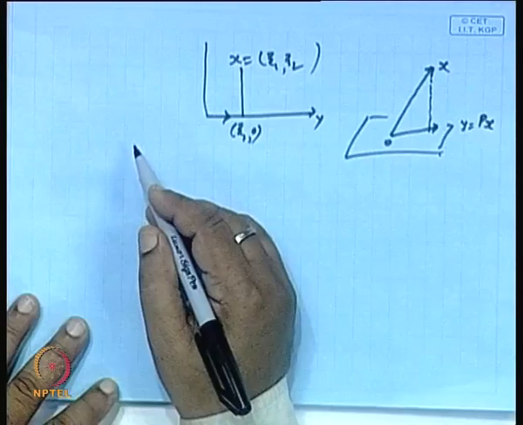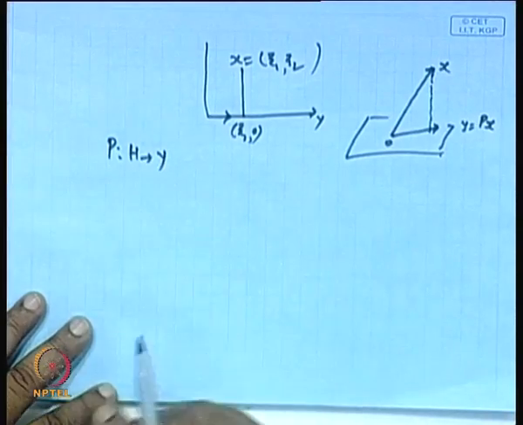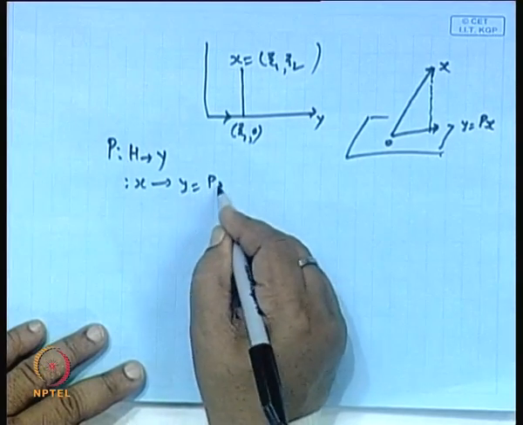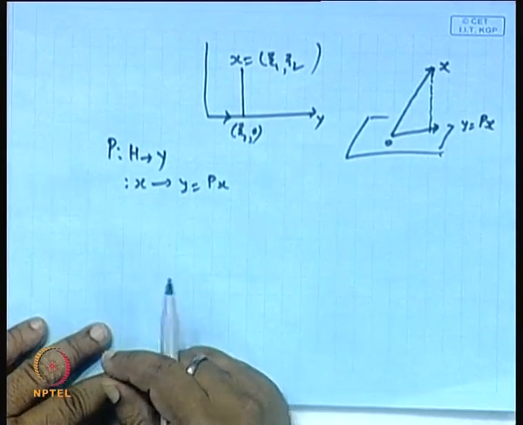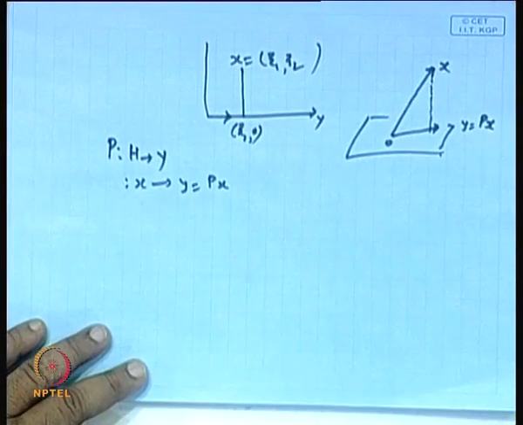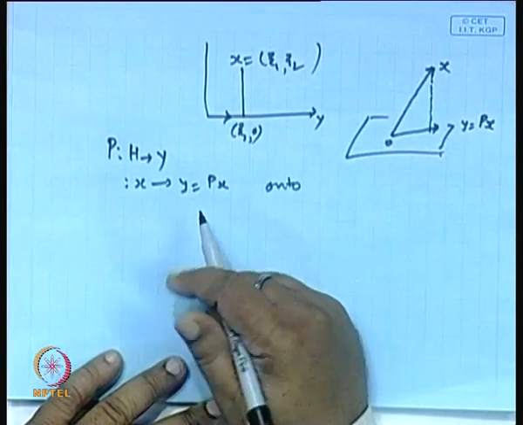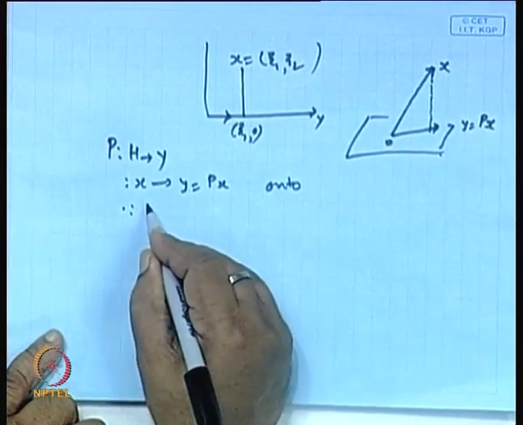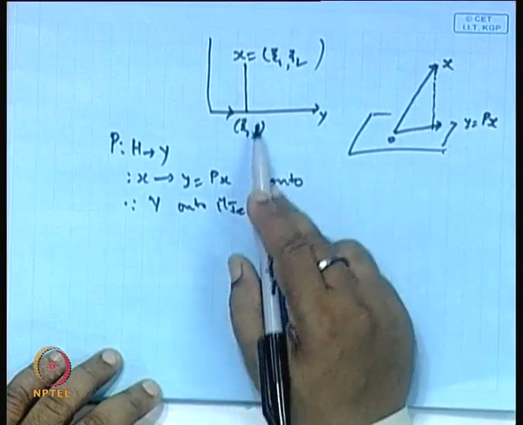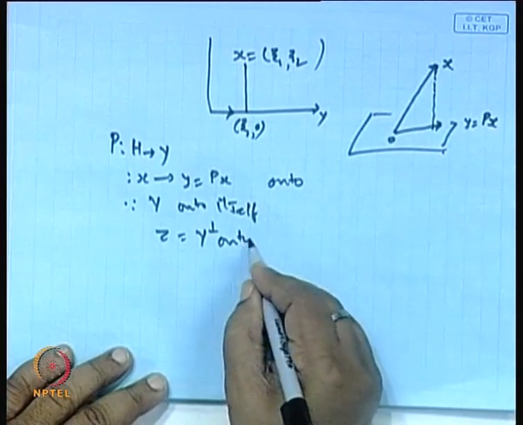So, we are getting a projection P from H to Y, where the point x is projected to Px in Y. This projection has the following property: P maps H onto Y, and it maps Y onto itself, so any element (xi1, 0) is projected to itself, and Y orthogonal is mapped onto the singleton set 0.